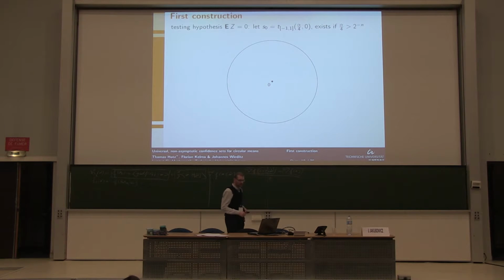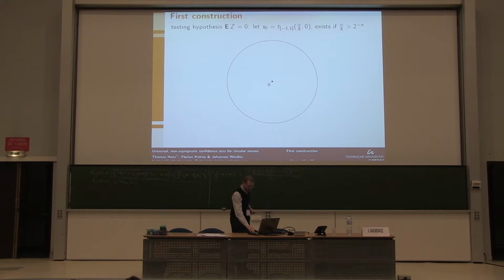Okay, so if you now want to construct such a confidence region, we first have to test the hypothesis that the expectation of Z is 0. We choose an appropriate quantile, or appropriate critical value, from the Hoeffding inequality. And the idea is simply that if you have the circle, then the horizontal and vertical projections are bounded random variables taking values in the range of -1 to 1, of course.